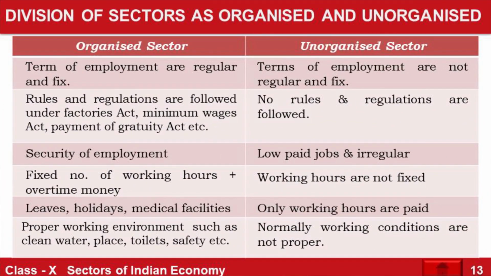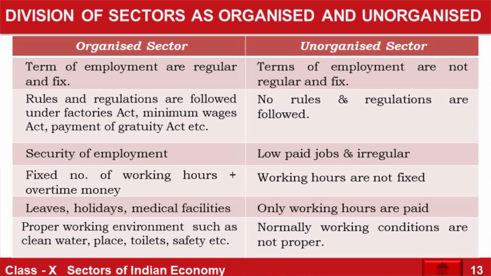She also gets benefits like maternity leave when she is pregnant, retirement benefits, and medical benefits. So if all the benefits I have just talked about are provided to you, it is called the organized sector. If half of them are provided, it is called semi-organized. If none of them is provided, it's called unorganized.